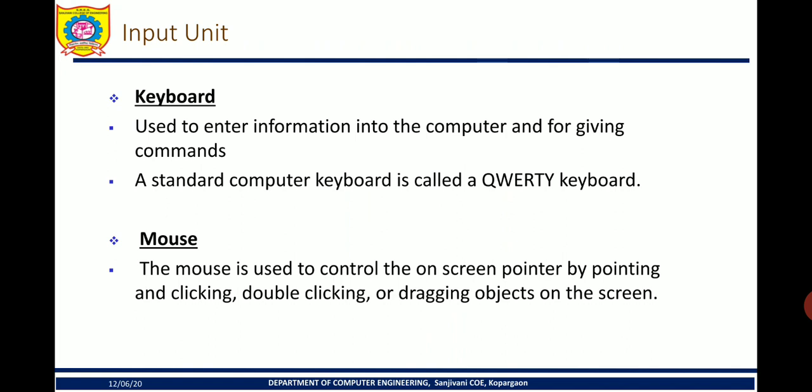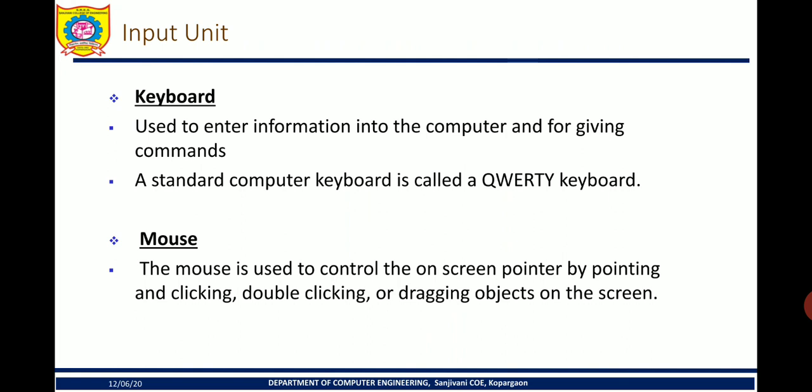The keyboard is used to enter information into the computer for a given command. A standard computer keyboard is a QWERTY keypad keyboard. QWERTY keypad means each and every alphabet is away from each other, and one key serves for one or two ASCII codes, that is, small and capital letters.